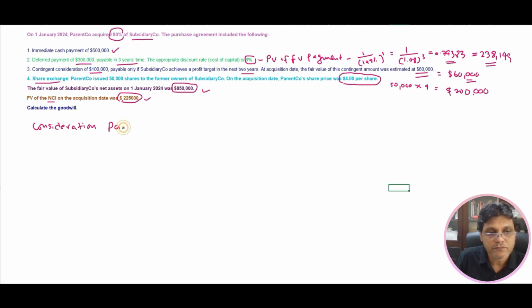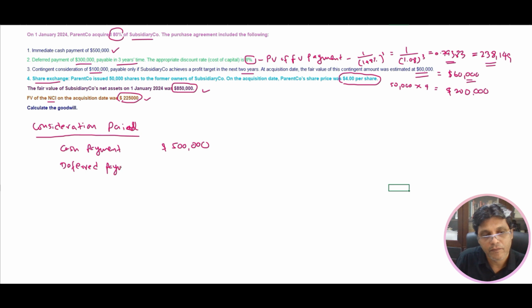So you need to consider the consideration paid. Now, how much is the consideration paid? This consists of the cash payment of 500,000, then the deferred payment that we already calculated, 238,149.